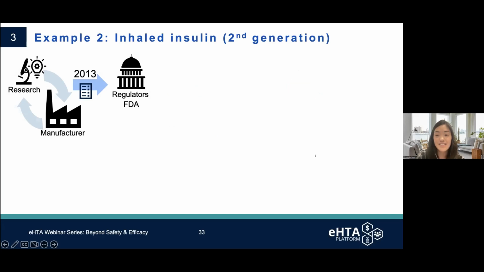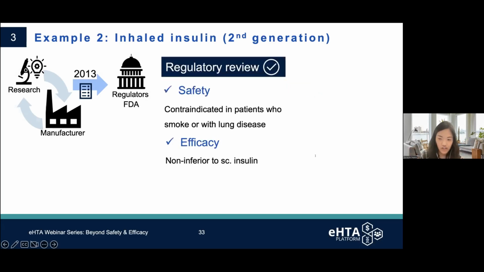And then finally, the company had sufficient data to resubmit Afrezza to the FDA in 2013. So upon reviewing all the data, the FDA said, yes, based on the new trials, the benefits outweigh the risks. And Afrezza was approved in 2014.